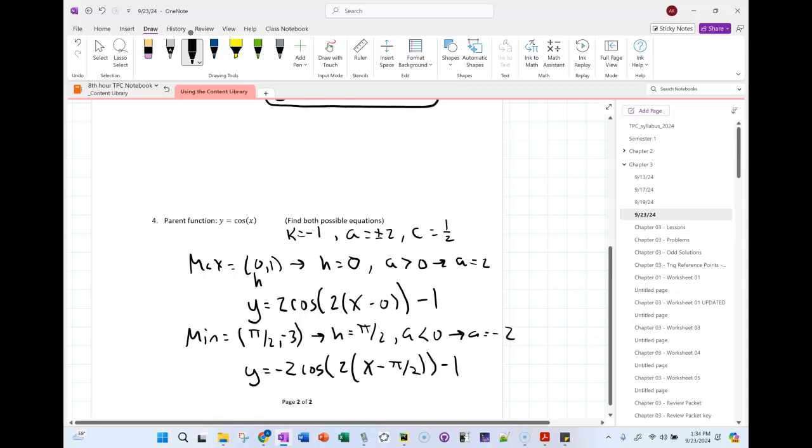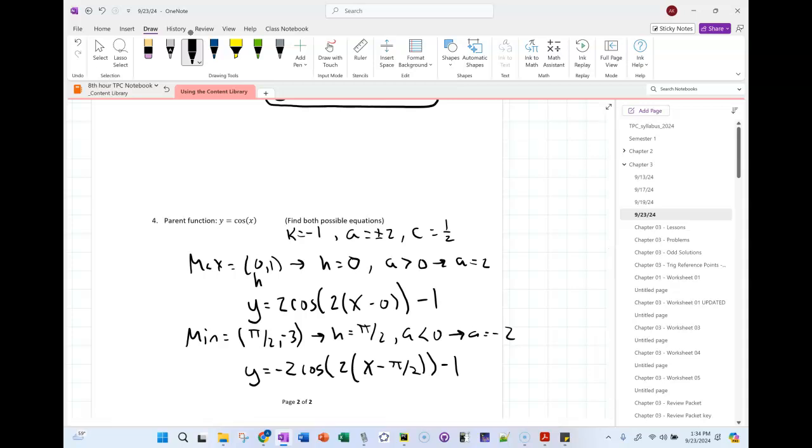Does that feel okay? Yeah. Now on a test, am I going to ask you for both possible answers? No. One or the other is fine. You guys cool with how the answer changes depending on which point you used? So again, mins and maxes for cosine, midline points for sine.